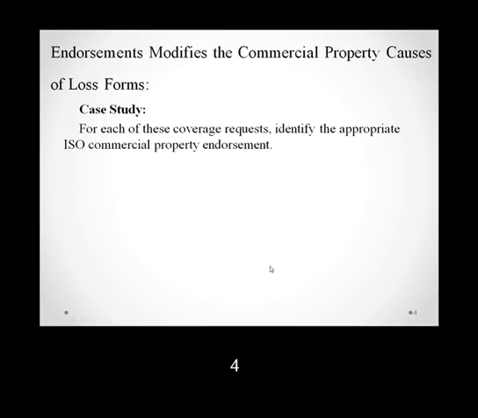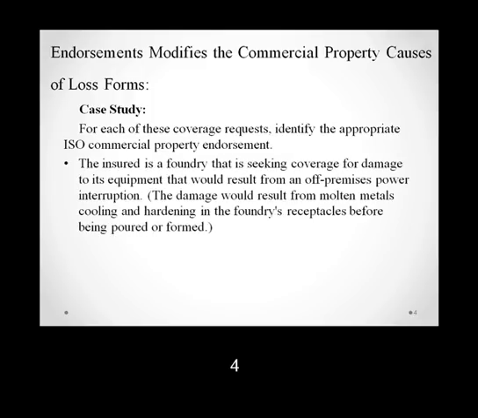The next case. For each of these coverage requests, identify the appropriate ISO commercial property endorsement. Now, ISO refers to Insurance Services Office. First, if the insured is a fundraiser that is seeking coverage for damage to its equipment that will result from an off-premise power interruption.